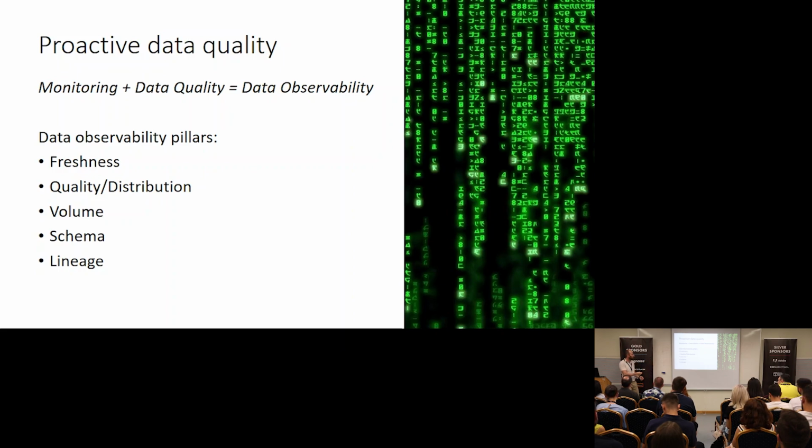You can also have this organizational data. And when you get an alert, you can go and track and find out who did that and why this happens now. So all these 5 will give you data observability, which for me is just active data quality.